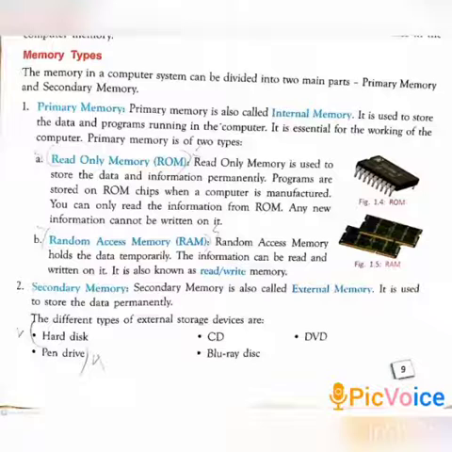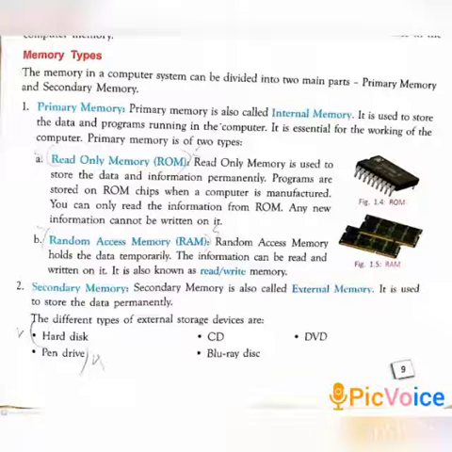Then random access memory, RAM. Random access memory is a volatile memory that is used to hold the data temporarily. The information can be read and written on RAM. This is a read-write memory.